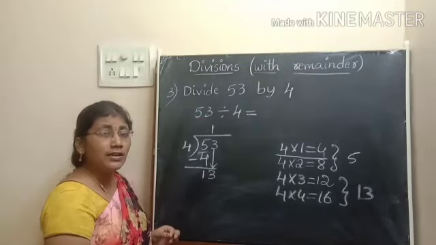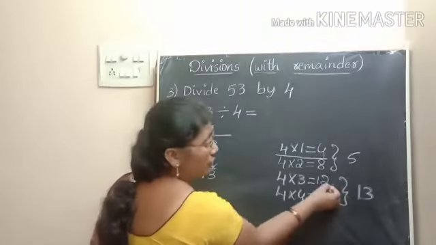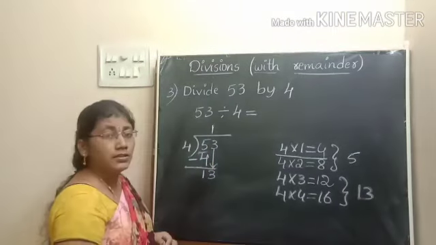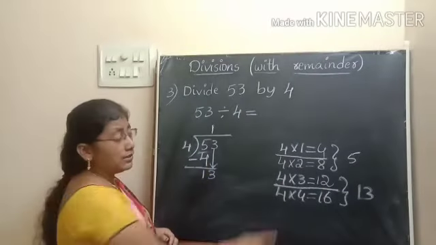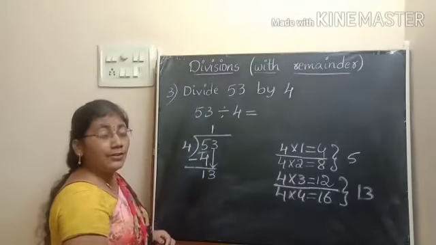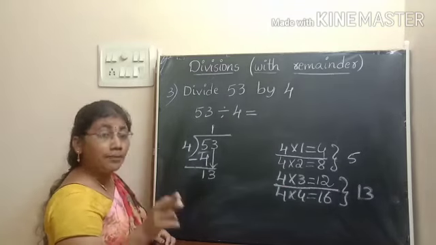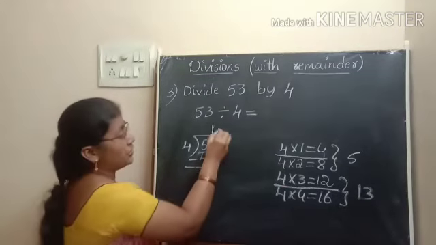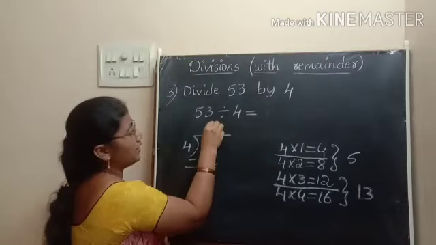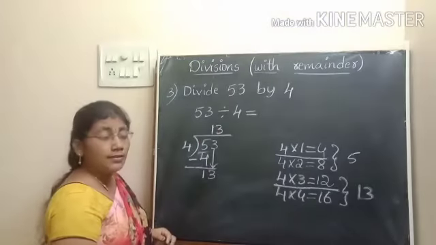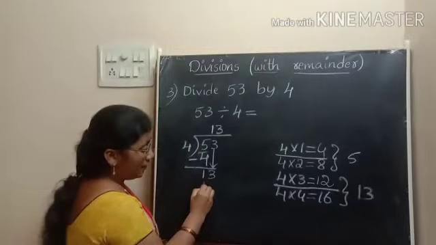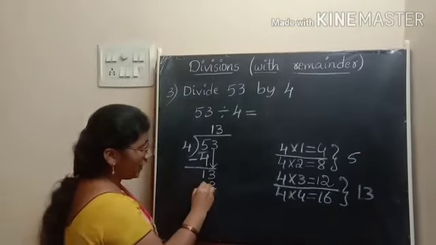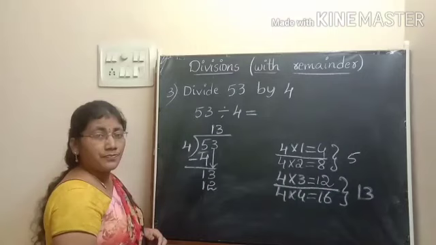Before 13 we get 12. So we should use the third step. And we should always write the step number as coefficient and write the product here to subtract from the digits.